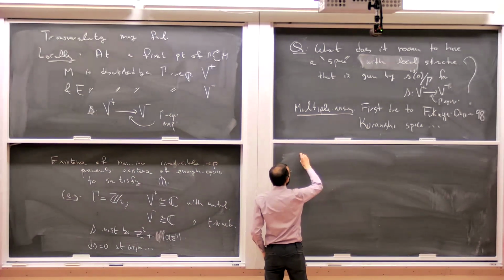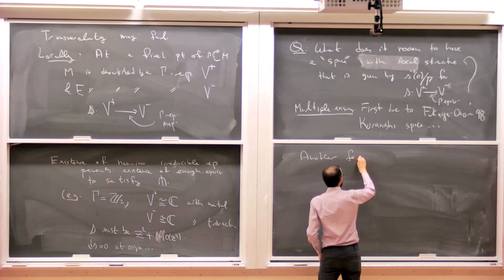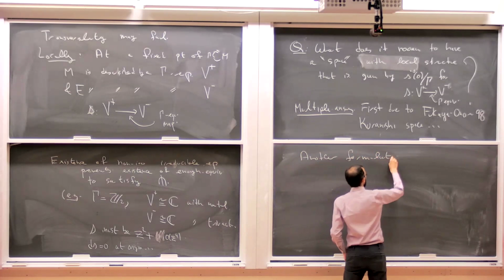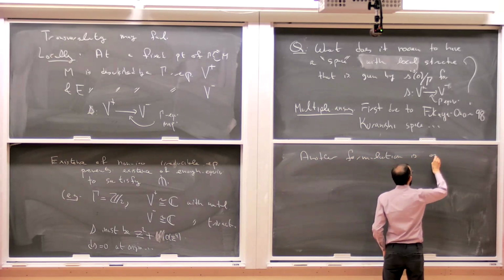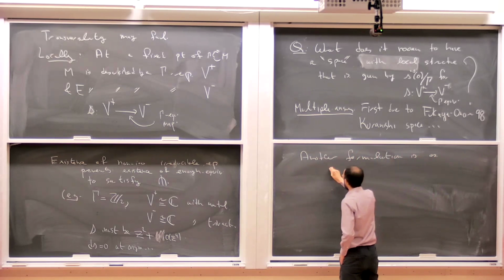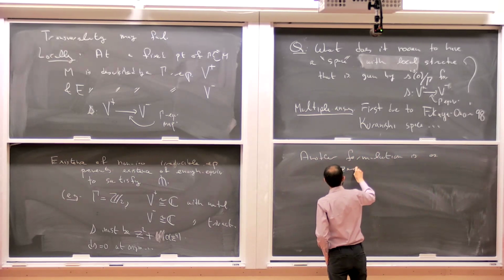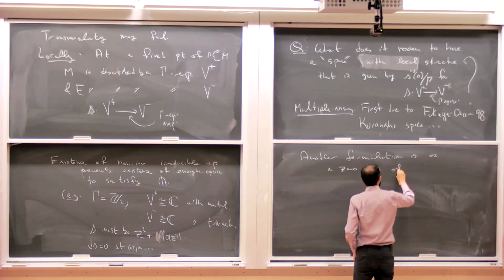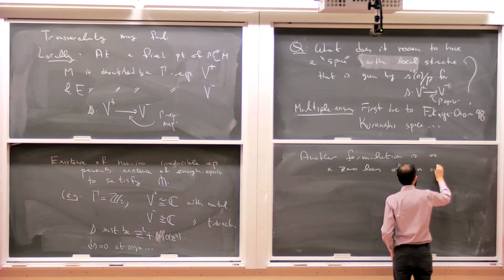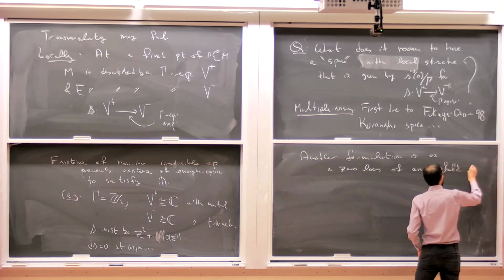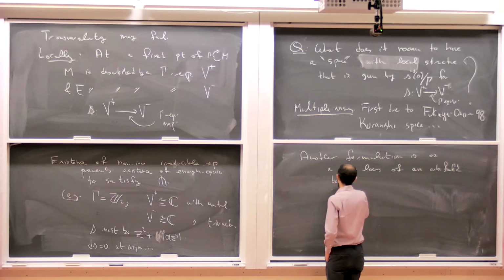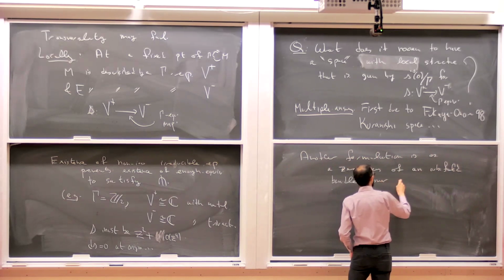Another formulation that you may want is as the zero locus of an orbifold bundle over an orbifold.